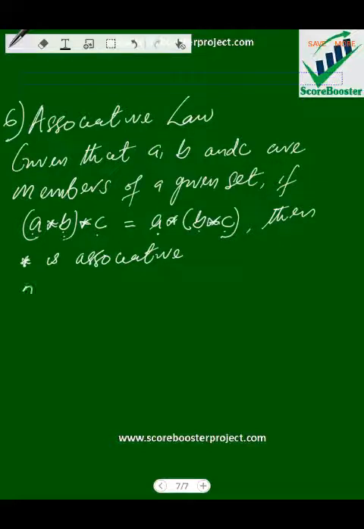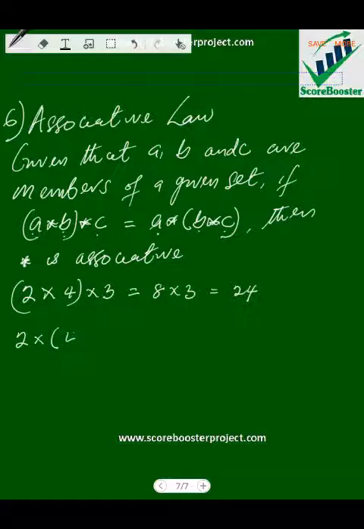If you have 2 times 4 times 3, what do you get here? This is going to be 8 times 3, which is 24. Then let me see if I have 2 times, 4 times 3.